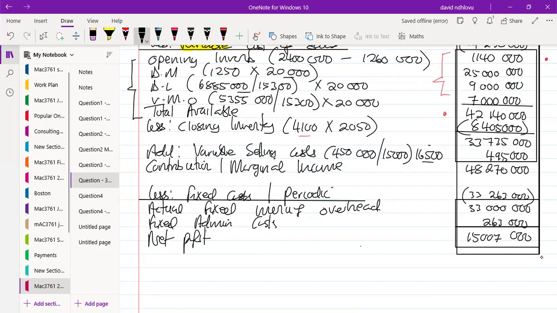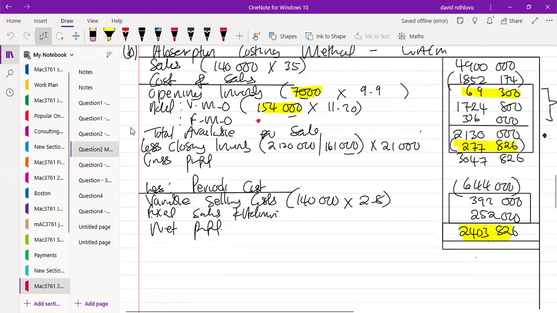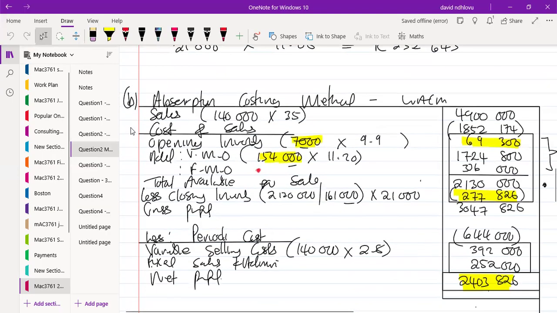Right, if you go back to the question that we did, when we're calculating based on absorption costing, we did not worry about over and under applied overhead. Right, so this is because we're doing the budgeted statement here. So please be clear about this.